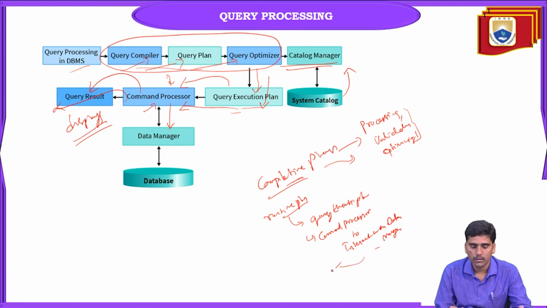Then the query result is displayed. So based on the interaction of both the command processor and the data manager, the query result is displayed. This is all the process of processing, optimizing and validating the query inside query evaluation.